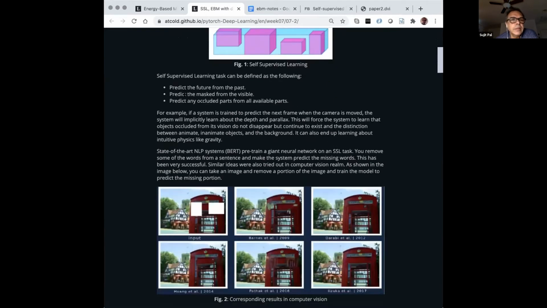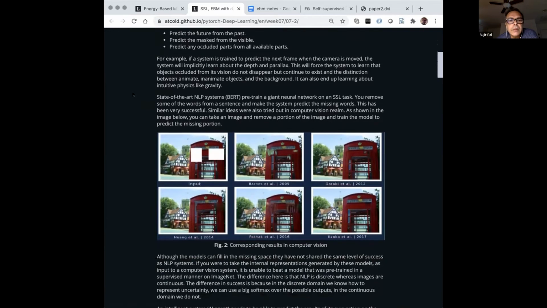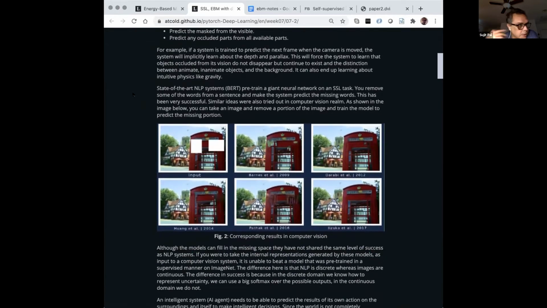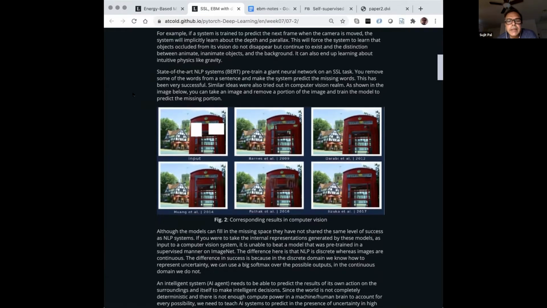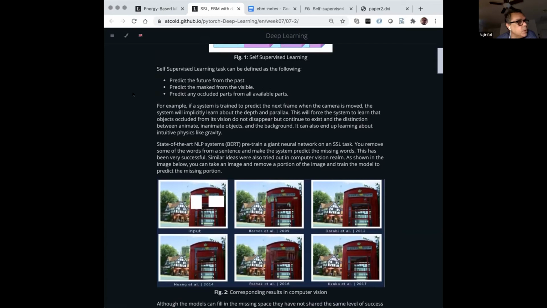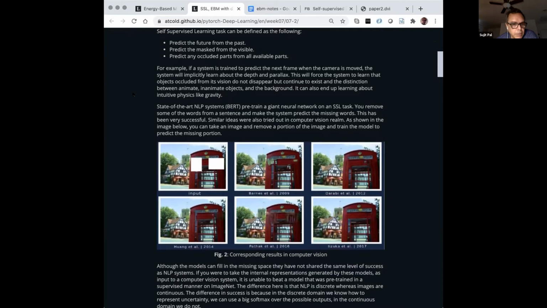Here are some examples: predict the future from the past, predict the masked from the visible, occluded parts from available parts. Again, he talks about NLP and computer vision as two big branches where this has been applied. And he finds that NLP has been more successful in using this approach than computer vision.